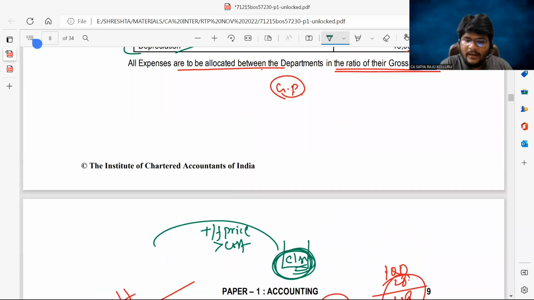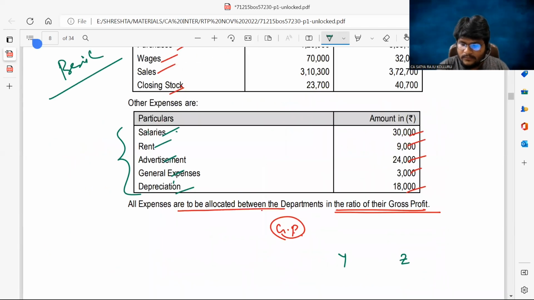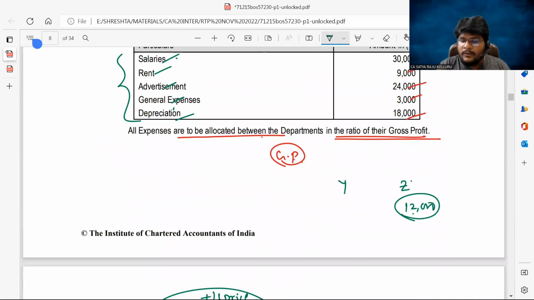Here two departments are there, Y and Z. Closing stock includes transfer from department Y to department Z, 12,000. These 12,000 worth of goods were transferred from Y to Z and are lying in the closing stock of Z.